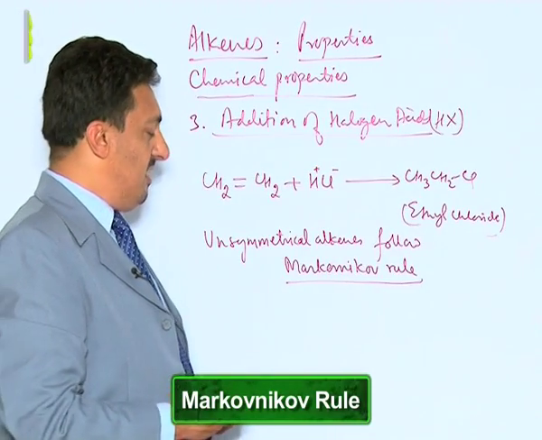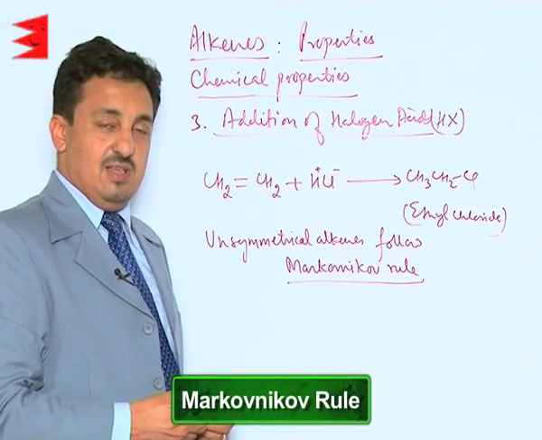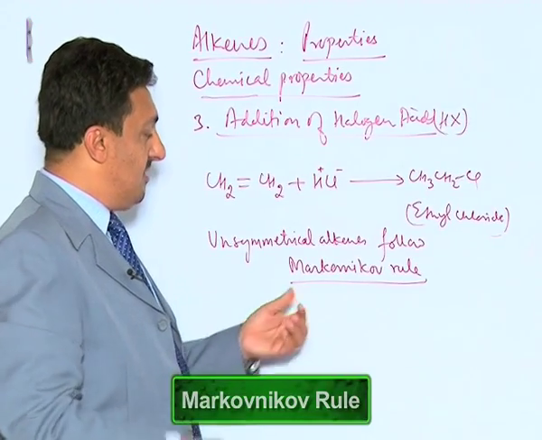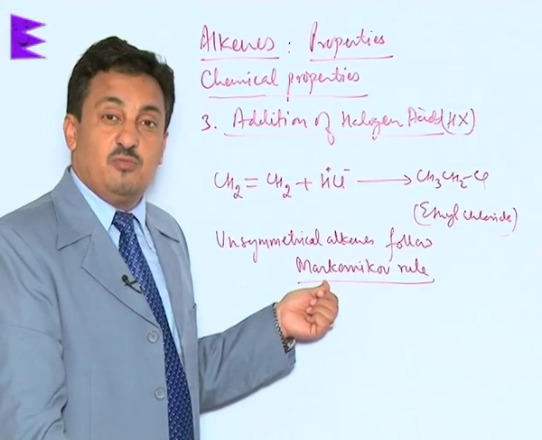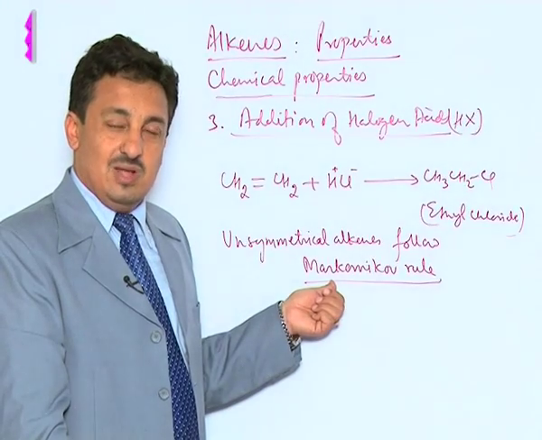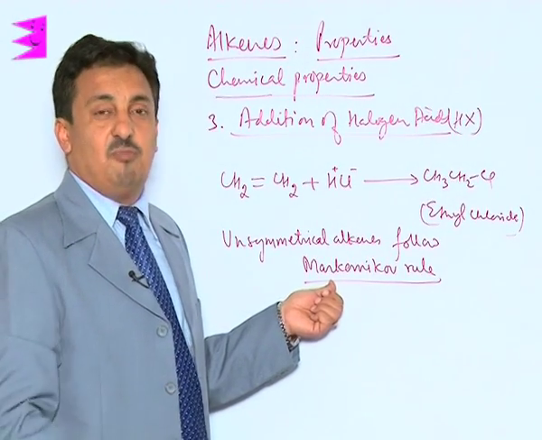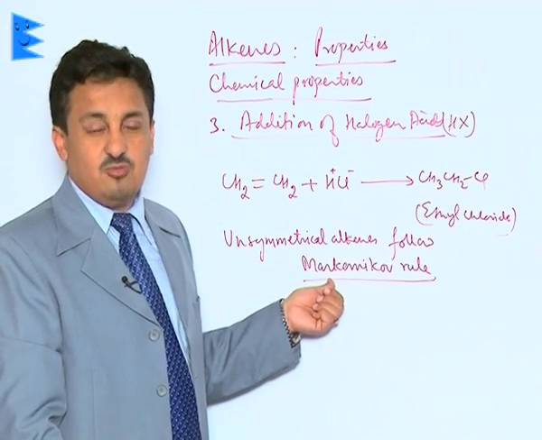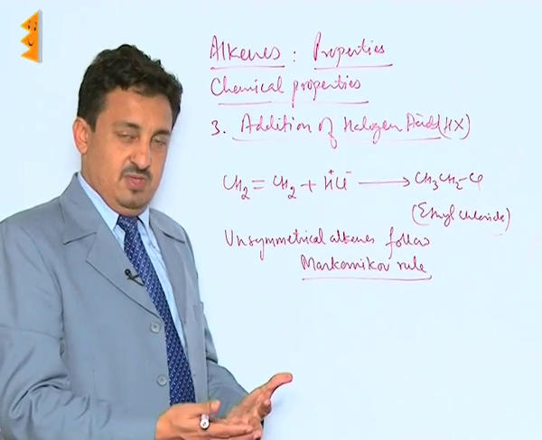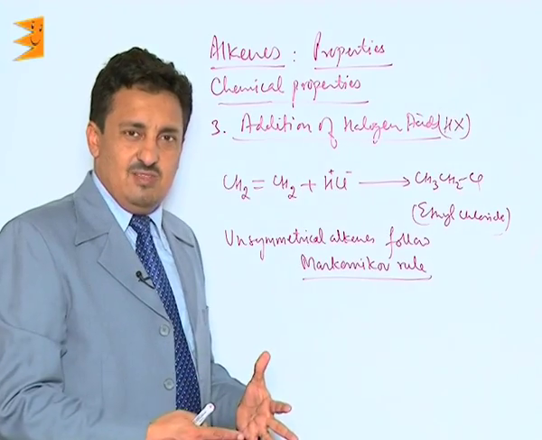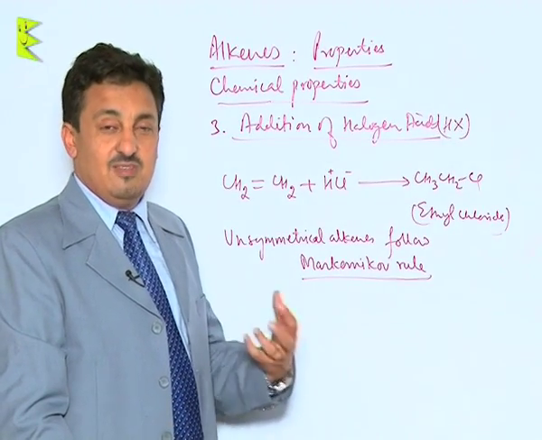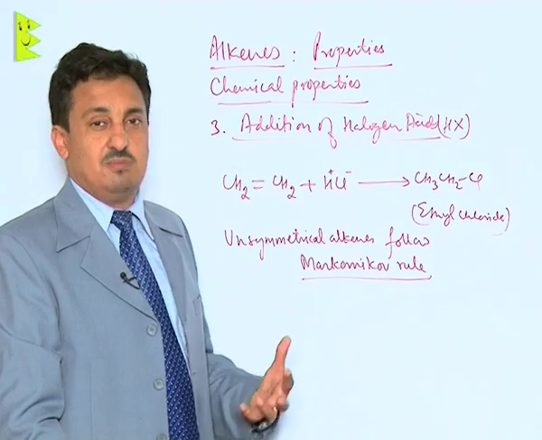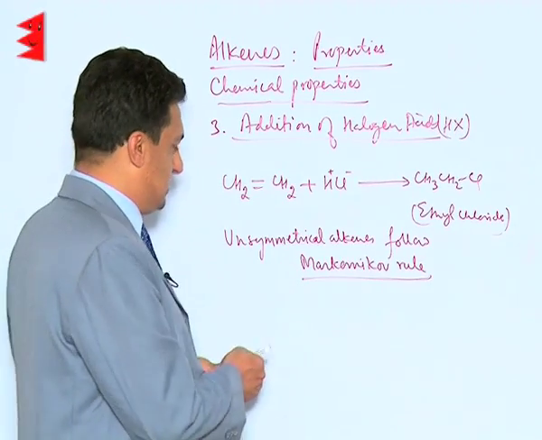It was a Russian scientist who gave us the concept that during the addition of any other molecular species to an unsymmetrical alkene, the negative part always goes to that carbon atom which has a lesser number of hydrogen atoms, or which is more substituted. And the basic idea behind this rule is that the molecular system follows the formation of a more stable carbocation. Let me explain it to you with an example.